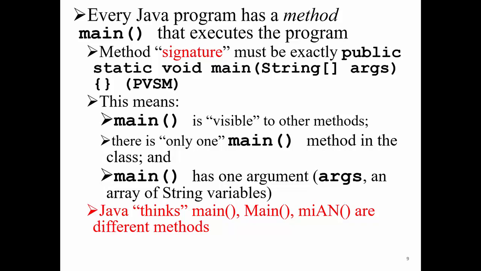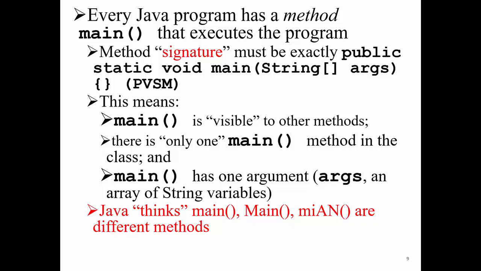Now, the main method is visible to other methods, so all the other methods can see the main method, and there is only one main method inside each class. You cannot create two main methods with the same signature. Even in general, you cannot create two methods with the same signature inside the class. So a method signature is unique per method inside the class.